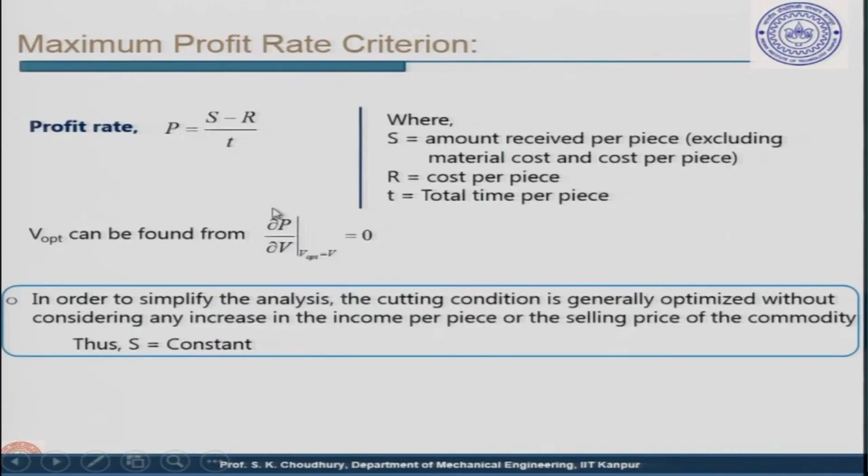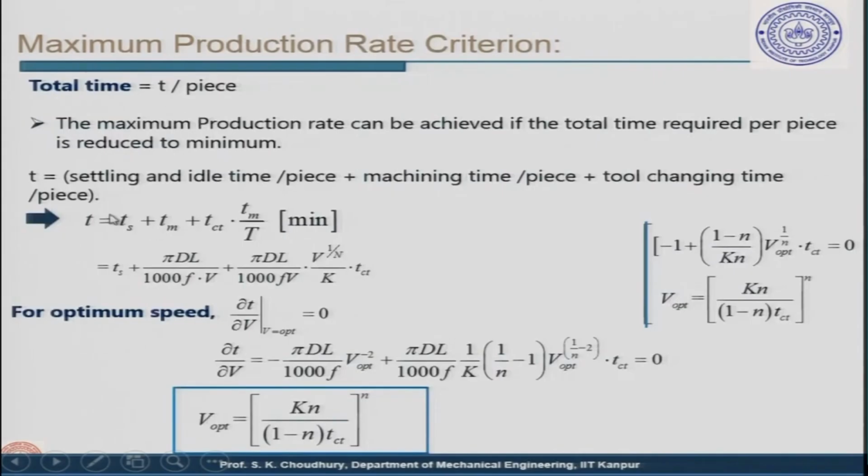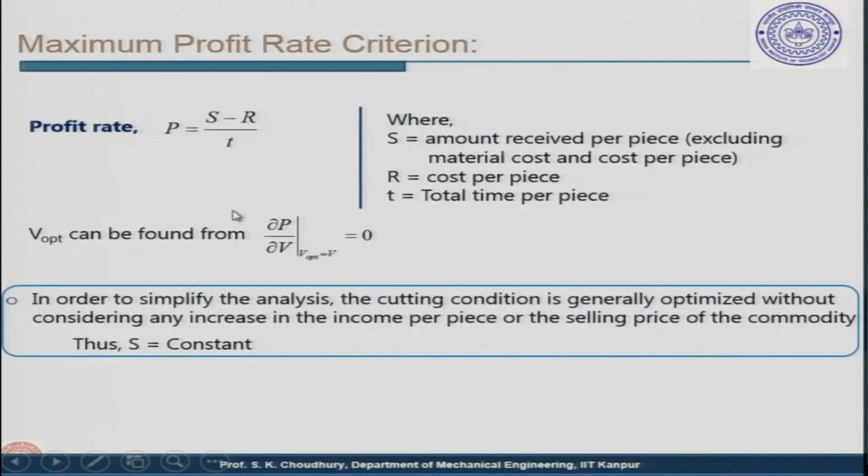Then if we take the first derivative of this, S is constant, and find out the value of R, which is equal to R1 plus R2 plus R3 plus R4 plus R5, divided by small t, the value is this. So, you take the ratio of R by T, S being constant, then P you take as a function of the velocity and take the first derivative of this equation with respect to V optimum and make it equal to 0, and you will find out the value of V optimum.